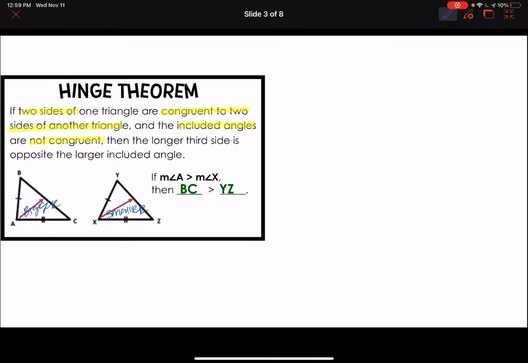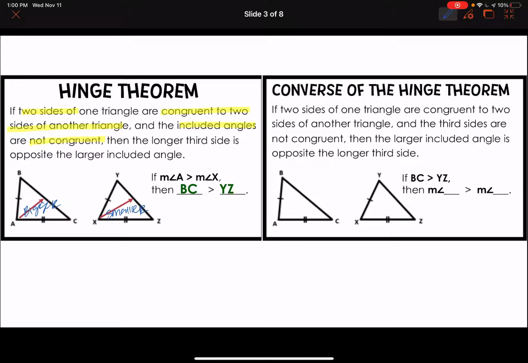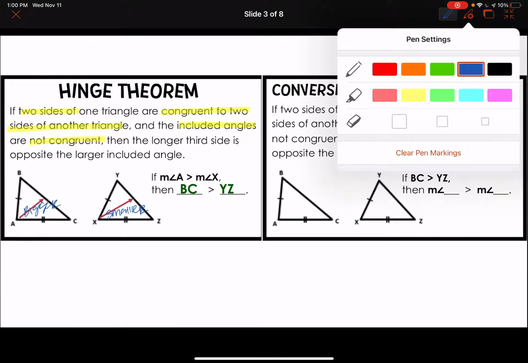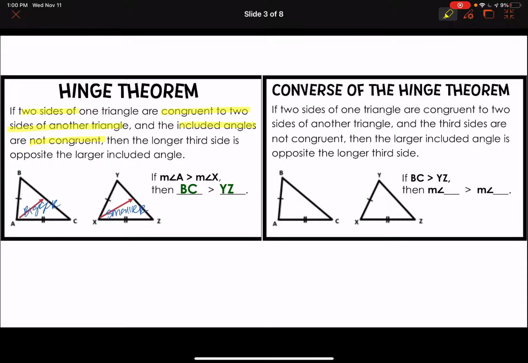All right, the converse is also true. So if you're opening right here, and again, you are going to have two sides congruent to two sides of another triangle. Third sides are not congruent.